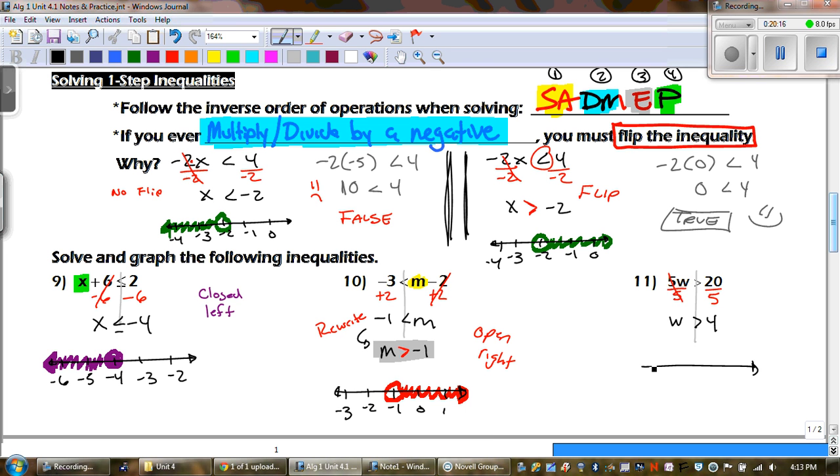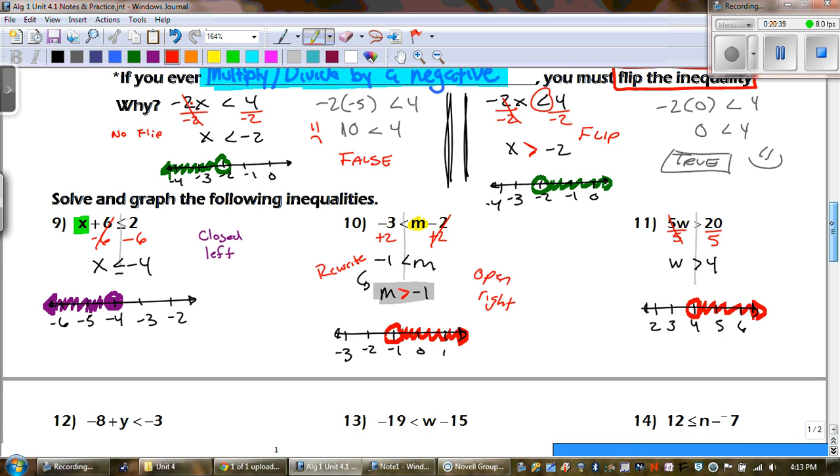And then all we have to do is go into the graph. Is it open or closed? It's open. And do we shade to the right or to the left? To the right. Okay? Let's go ahead and flip it over.